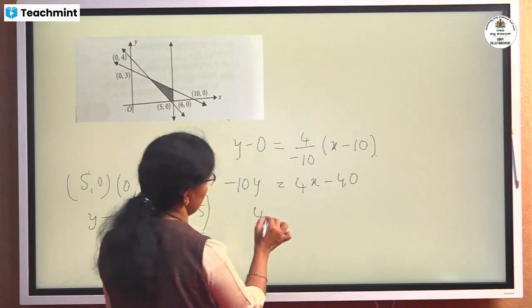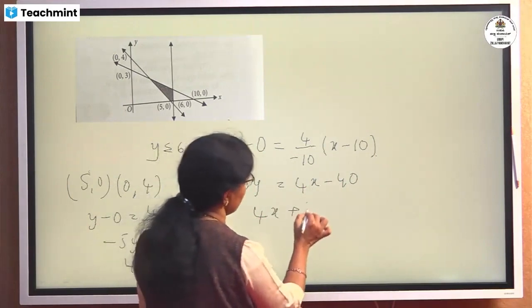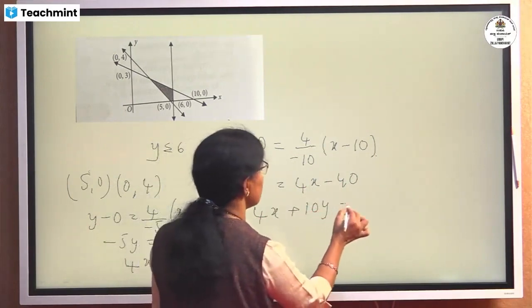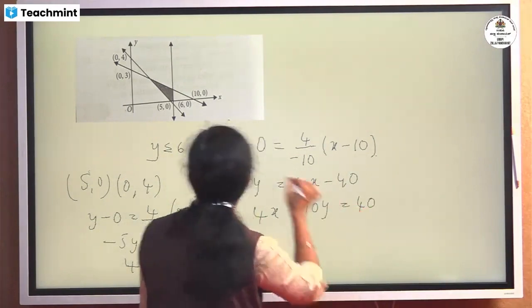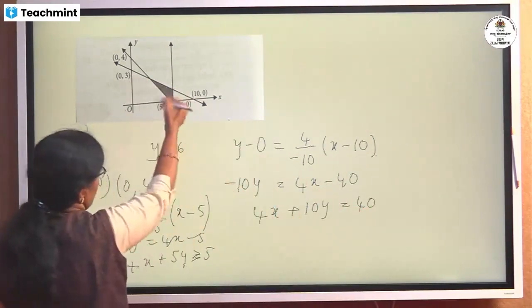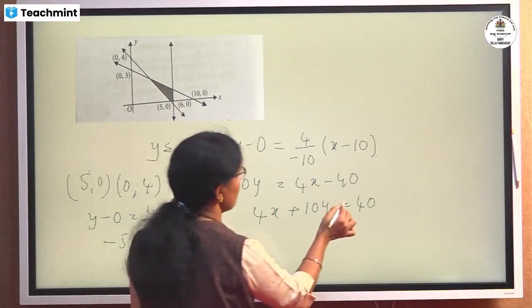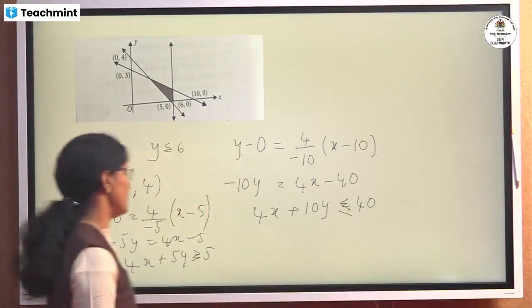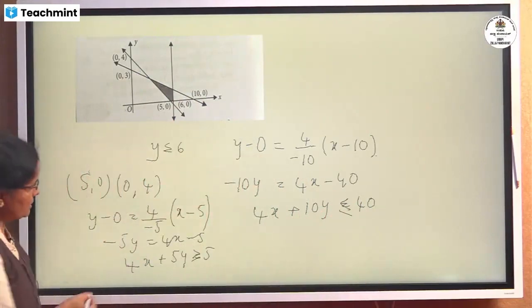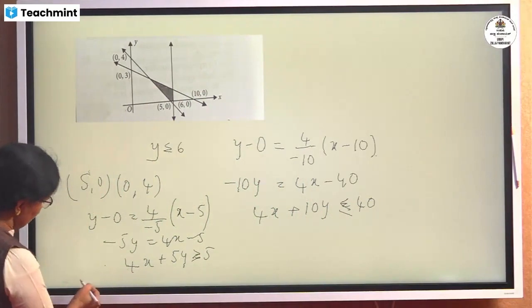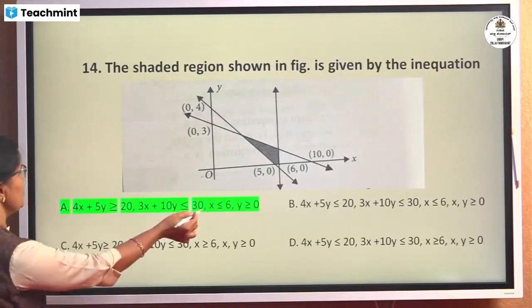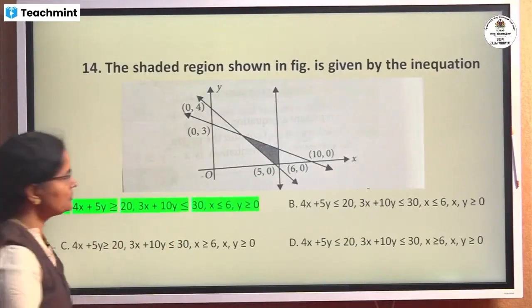If you complete the equation, it becomes 4x plus 10y is equal to 40. So it has the solution with the origin, therefore lesser than or equal to 40. The option which satisfies all these three things will be the answer. Therefore, this is the answer for the given question.